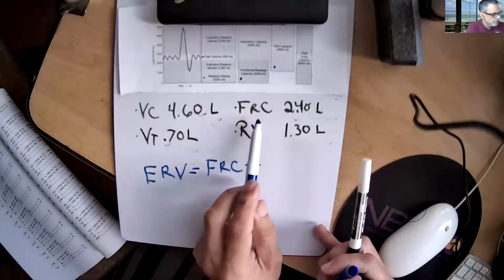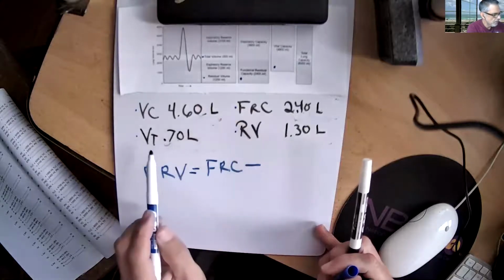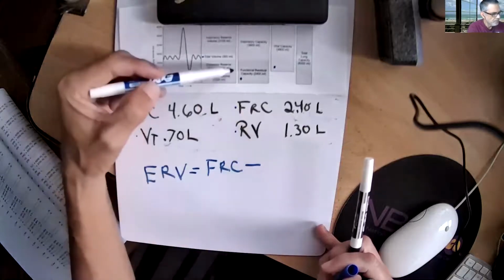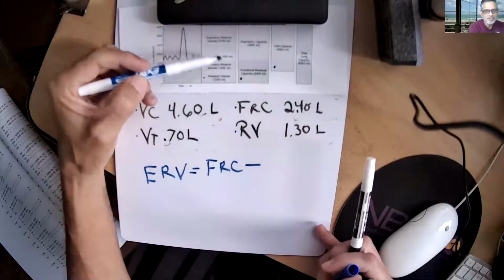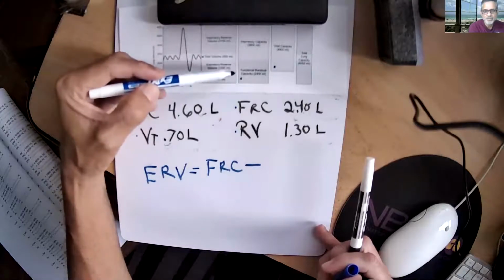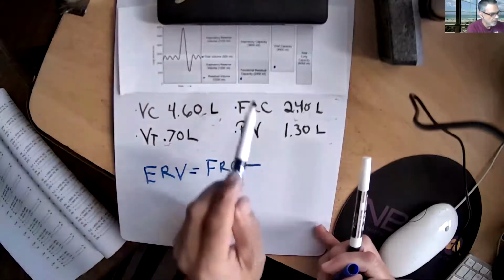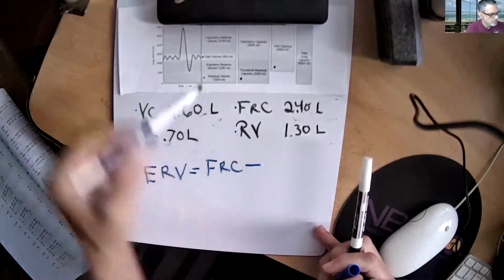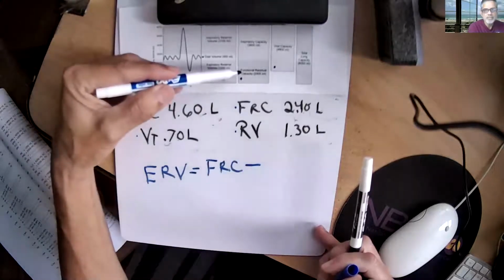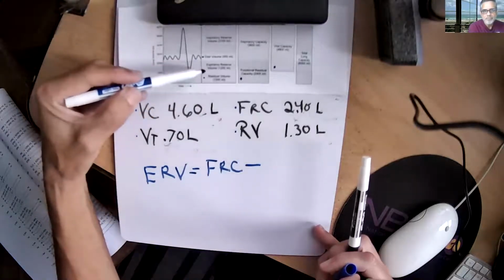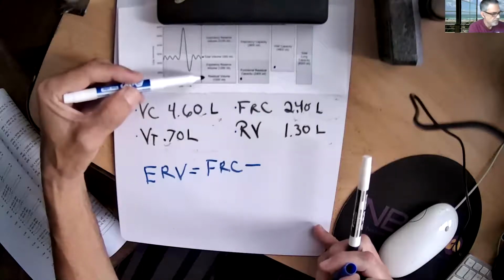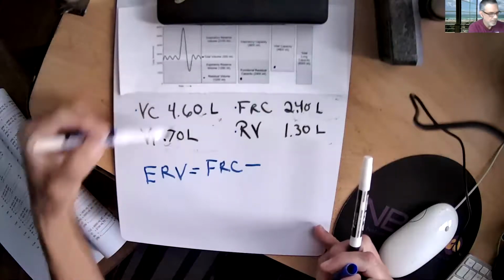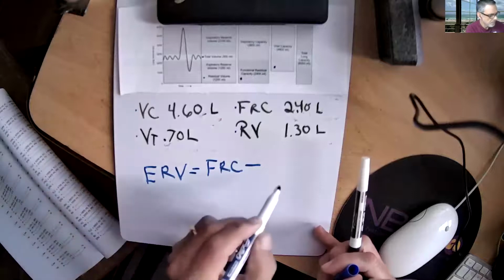If I take functional residual capacity and subtract out tidal volume, tidal volume is not a part of functional residual capacity, so I can't do that. But what if I was to take functional residual capacity and subtract residual volume? Let me see if that works. FRC minus the RV part leaves me with the ERV part. So there's my equation.